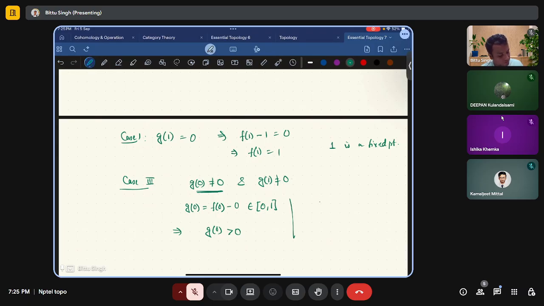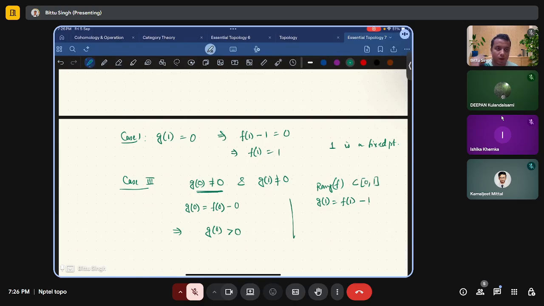Now g(1) is non-zero. That means again g(1) means f(1) minus 1. Sorry, extremely sorry. The range of f is contained in [0, 1].